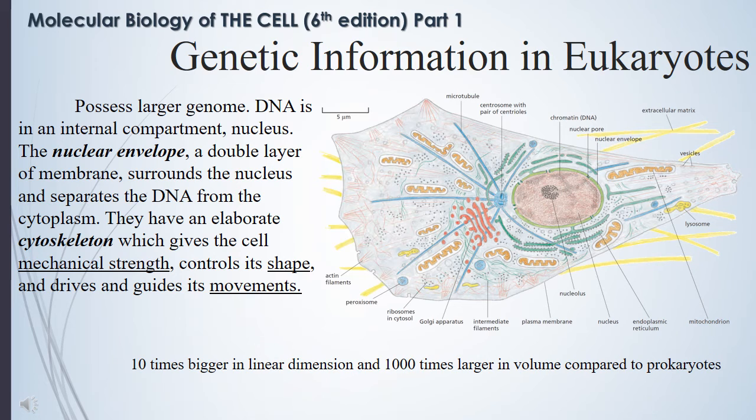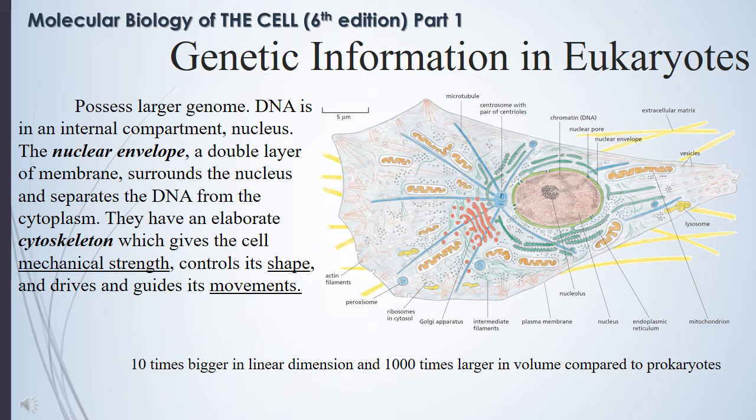The eukaryotic cell has what's known as cytoskeleton, which is a combination of proteins that provide the mechanical strength to the cell. These proteins crisscross the cell from all over the points, and they provide, as I said, mechanical strength. They control the shape and locomotion of the cell.